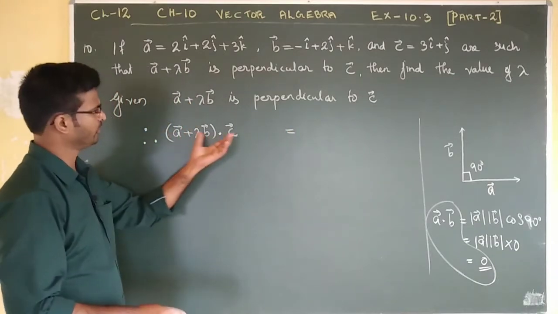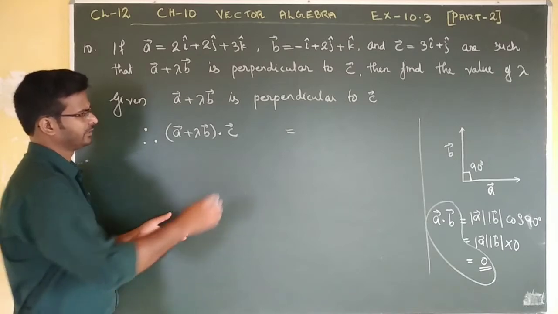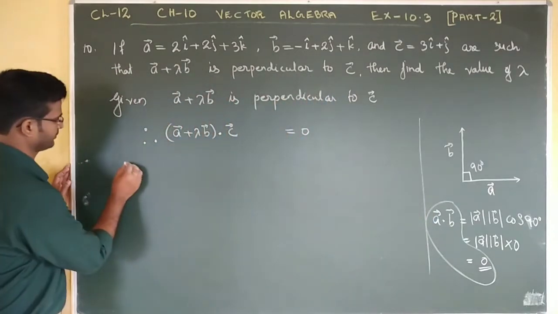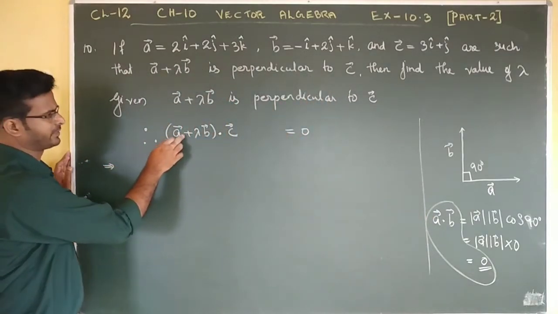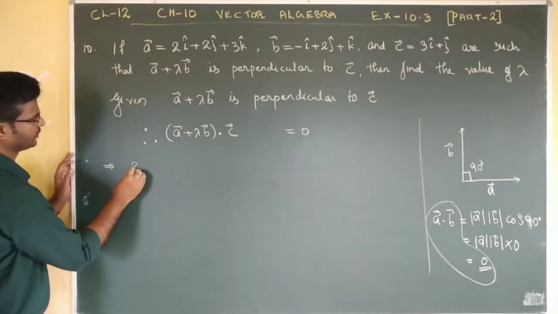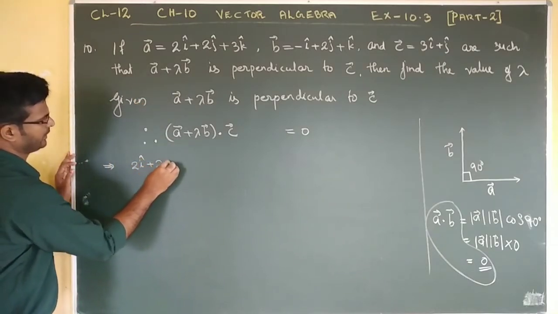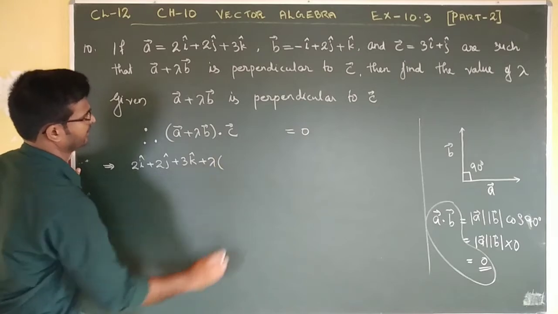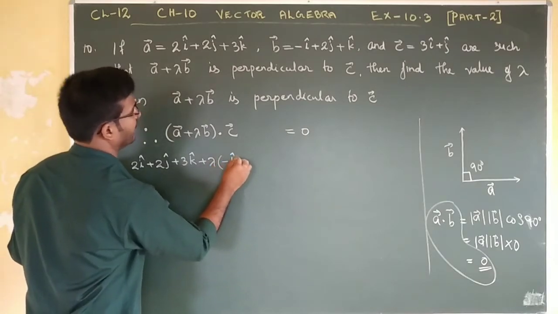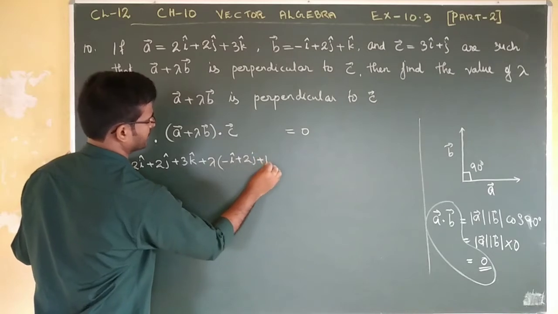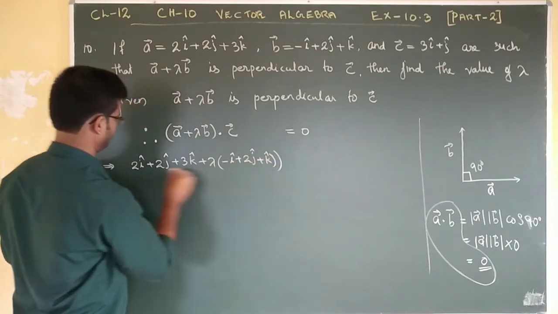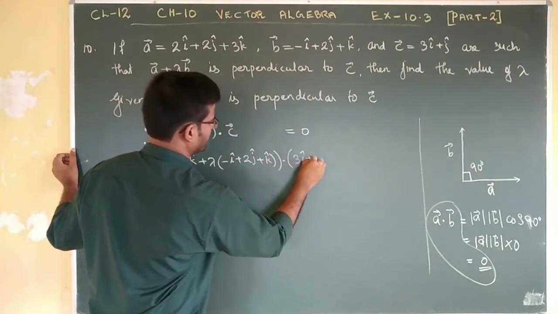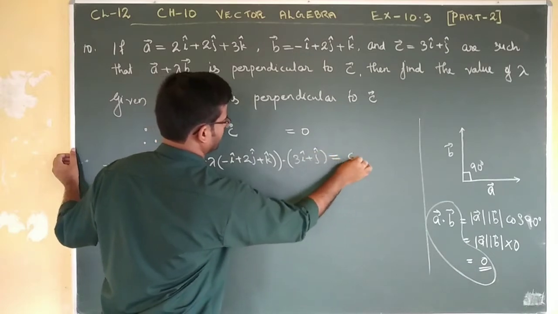Already it is told that both vectors are perpendicular to each other, then we can write equal to 0 because of this condition, isn't it? First we can write a vector plus lambda b vector: a vector is 2i plus 2j plus 3k plus lambda into b vector, which is minus i plus 2j plus k, dot c vector, which is 3i plus j, equal to 0.